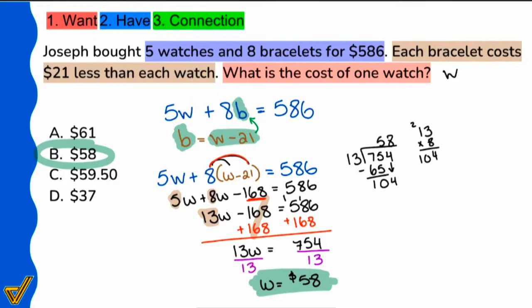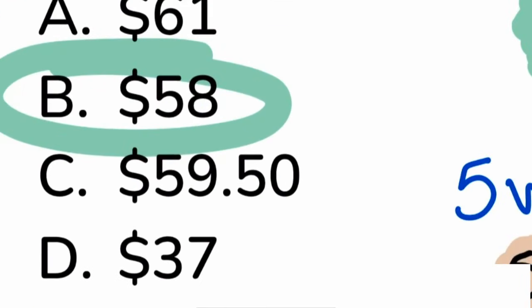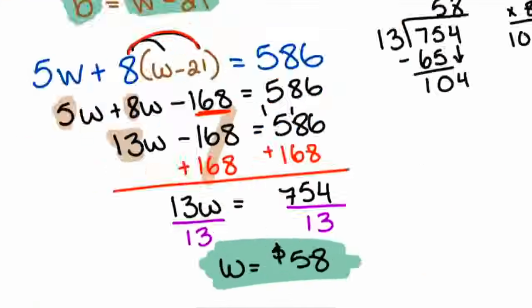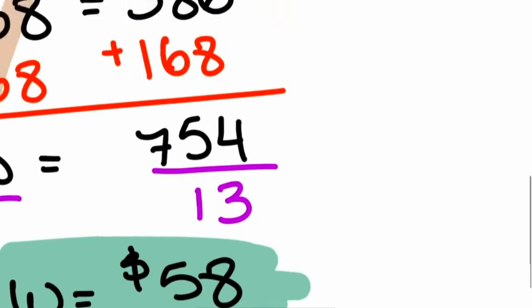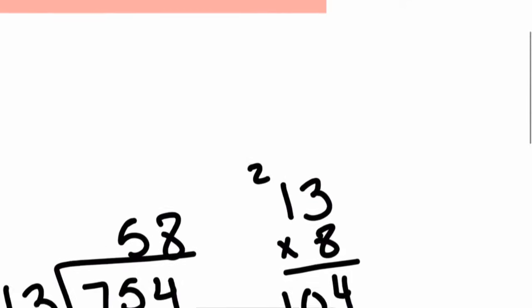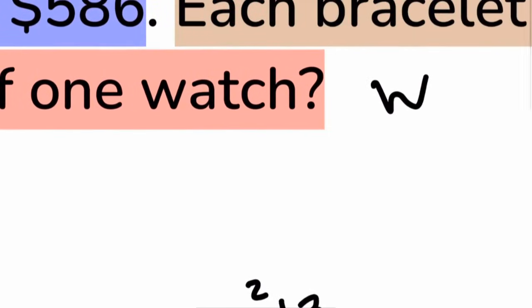If you said yes, you're correct. The final answer is $58. Because what? We found W equals 58. And what was it that we were looking for the whole time? W, the cost of a watch.